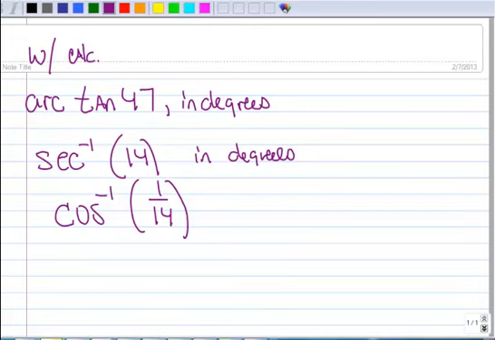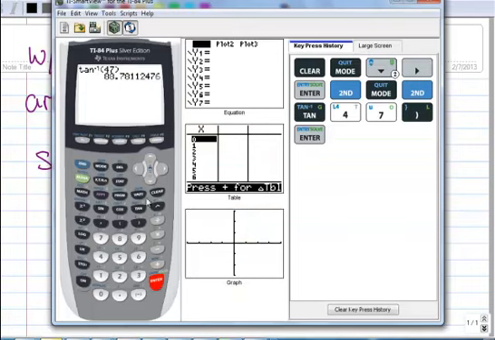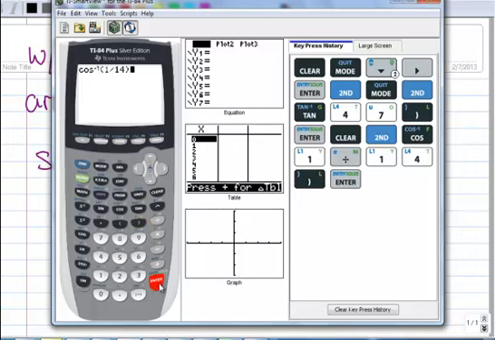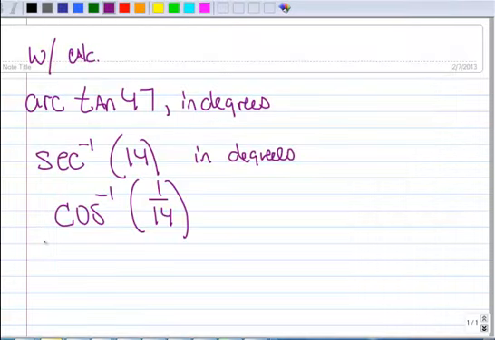All right, so now we can pull up our calculator and type in inverse cosine 1 over 14, and I'm already in degree mode, so I didn't have to recheck that, and we get 85.9 degrees.